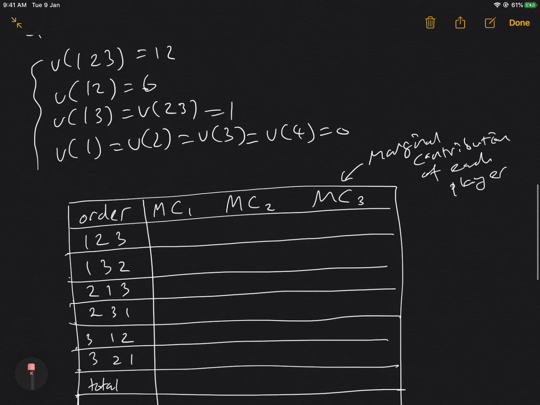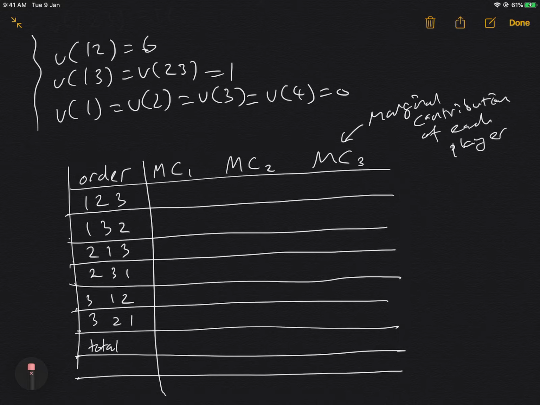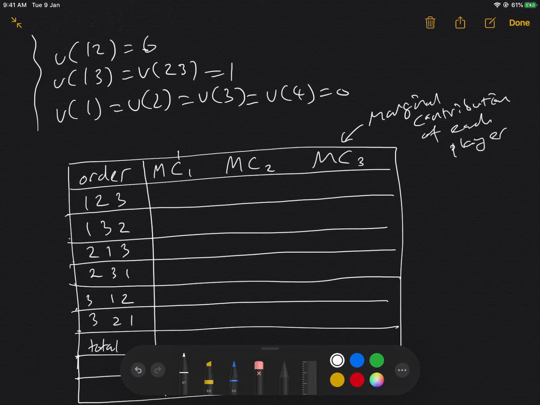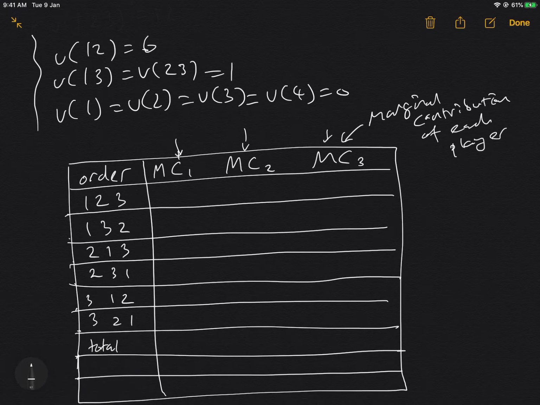Okay, so there are 6 ways to order player 1, 2, and 3, right? It could be 1, 2, 3, 1, 3, 2, 2, 1, 3, 2, 3, 1, 3, 1, 2, and 3, 2, 1. And these 3 columns show how much contribution they make as they are added into the coalition.